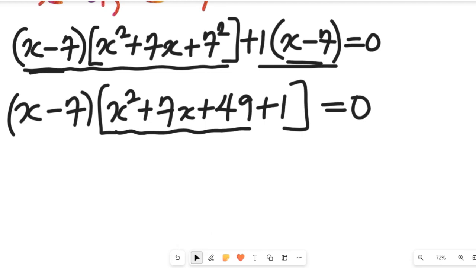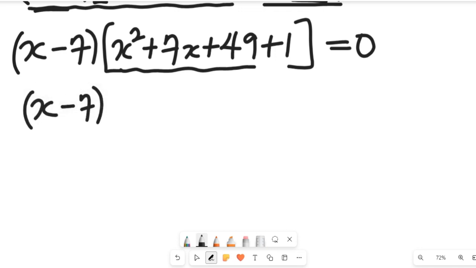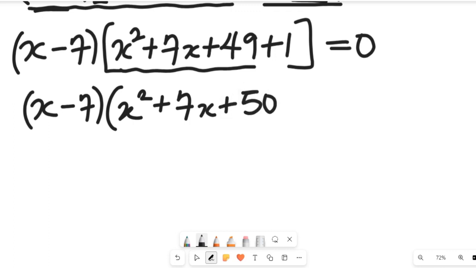Now you come to notice that we have what we call the zero product rule applied here. So we have our x minus 7, which will give us our first expression, and then we'll have x squared plus 7x plus 49 plus 1, which is 50, and this will be equal to 0.